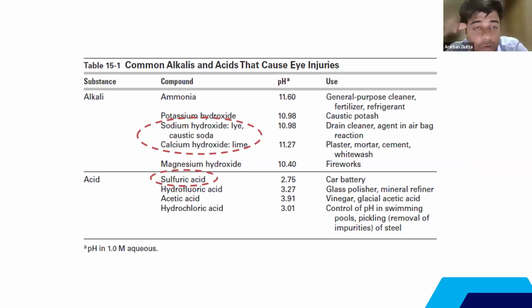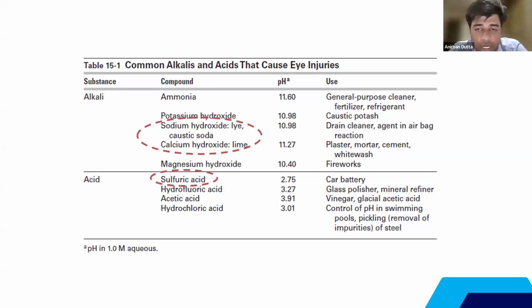This table is taken from the American Academy of Ophthalmology, the cornea book, and it sums up the common chemicals which cause injuries to the eye. The chemicals can always be divided into alkali and acid. Among the alkali, the most important ones which we need to remember are sodium hydroxide and calcium hydroxide.